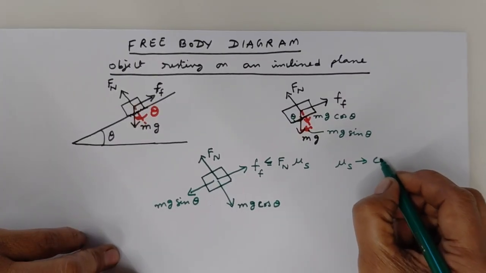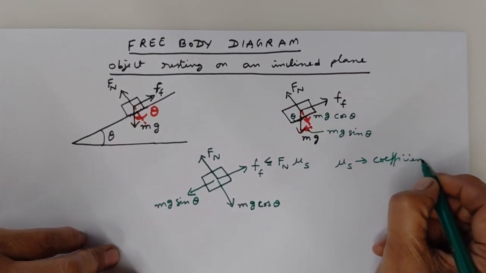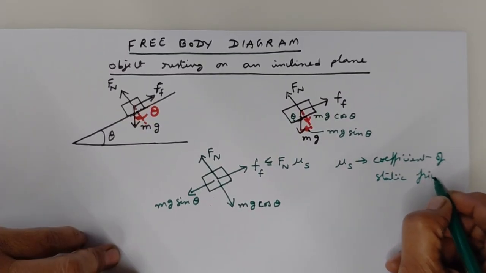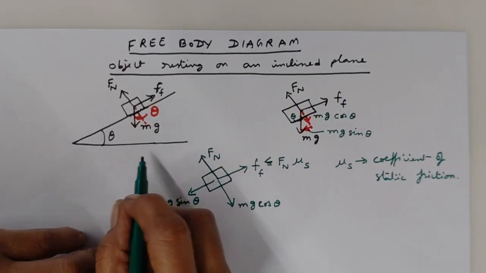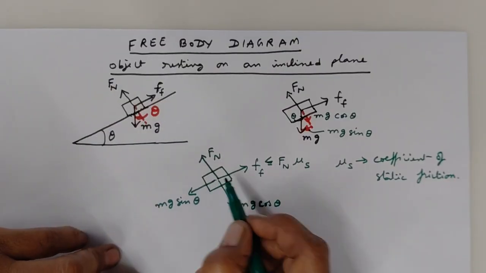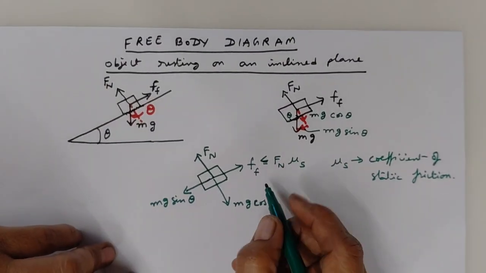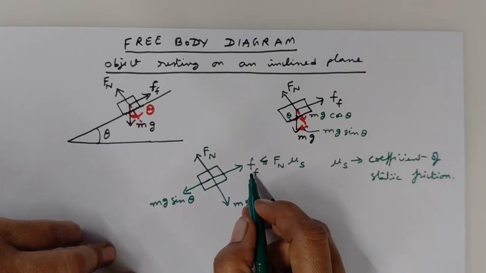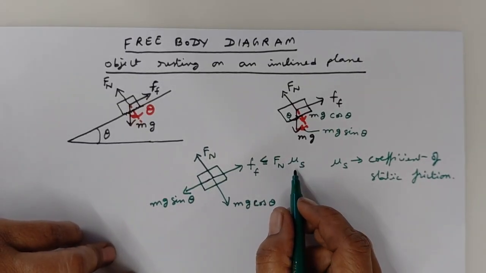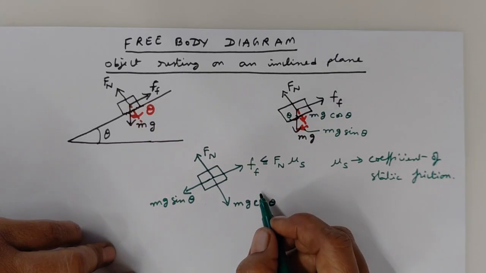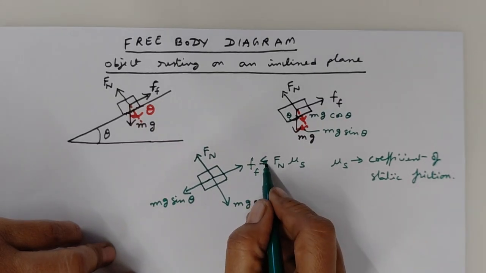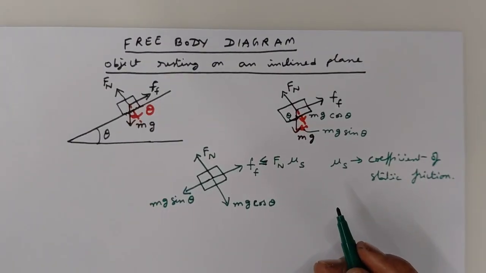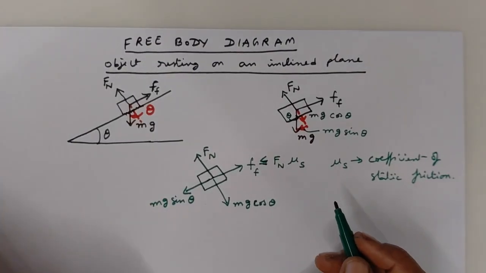Mu s is the coefficient of static friction, which depends on the two surfaces which are in contact, right? So why are we writing less than or equal to? The maximum value is equal to the normal reaction multiplied by the coefficient of friction here. It is always less than this one. It depends on the other values, like the inclination and other things.